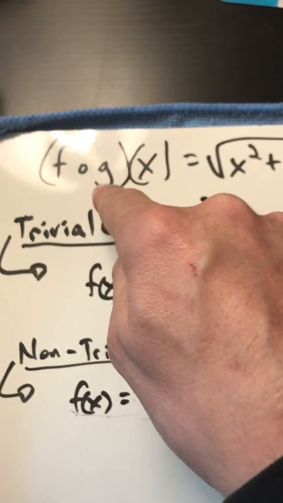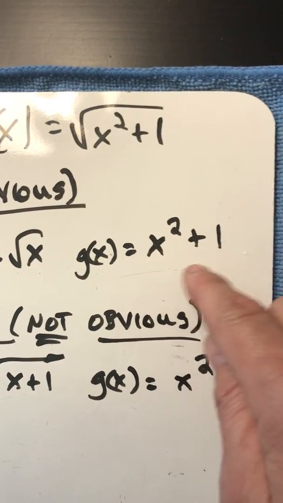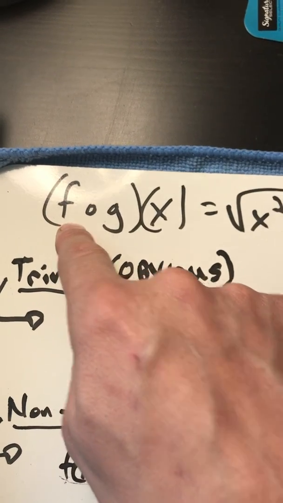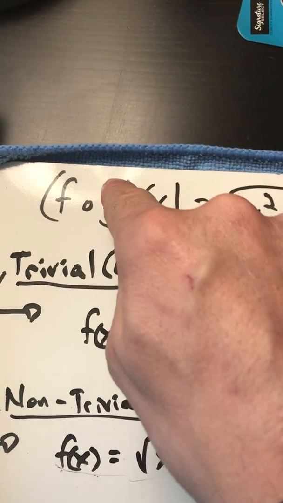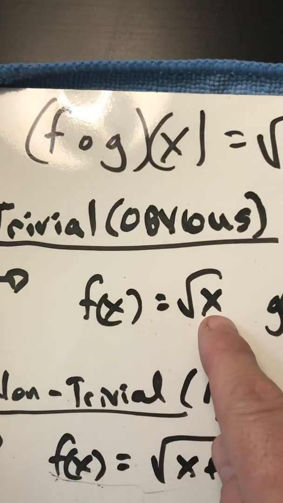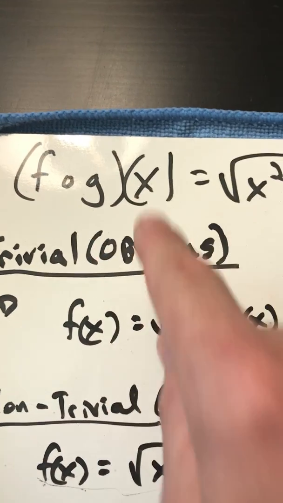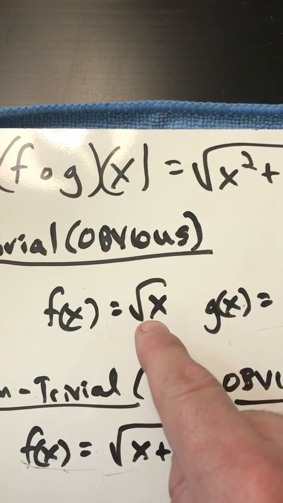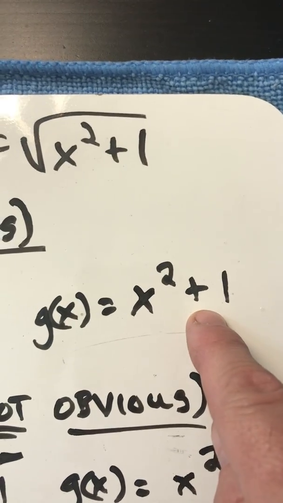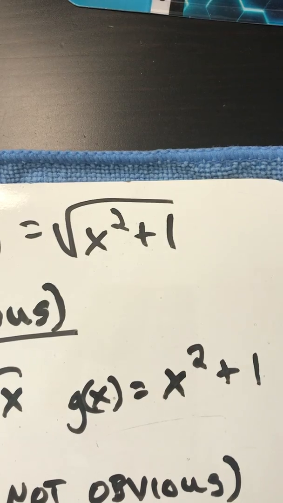Since it's f composed of g of x, and g of x is x squared plus 1, then f of that parentheses would be the square root of x squared plus 1.